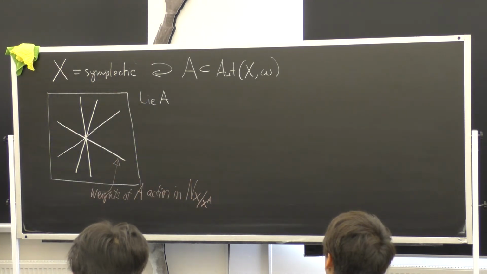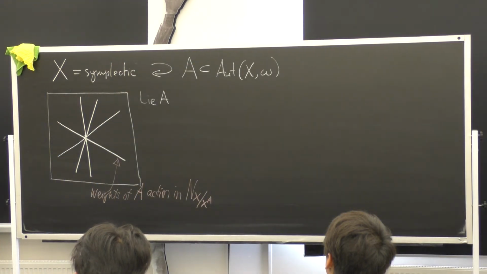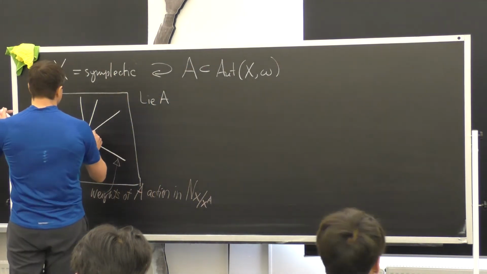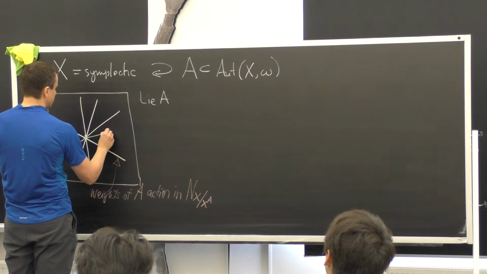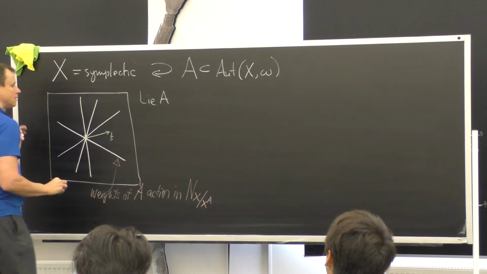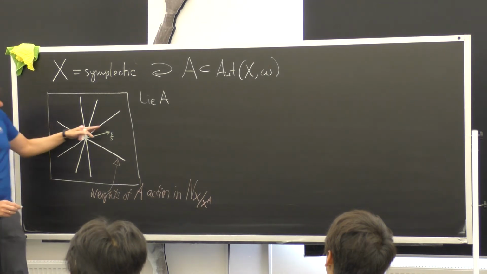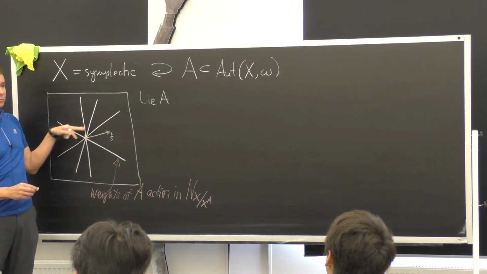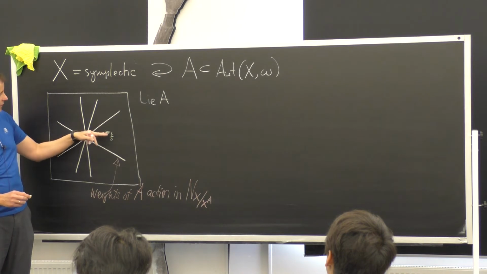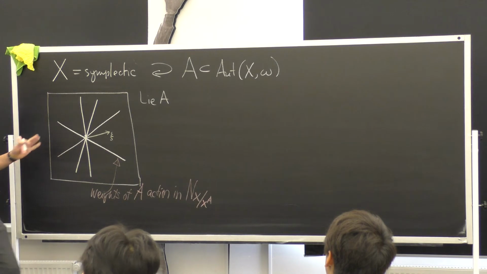So when I have an element xi, if I have a generic xi, its fixed points, this will be a vector field. That vector field vanishes only at the fixed locus, and if xi sits in one hyperplane, then we pick up more fixed points.